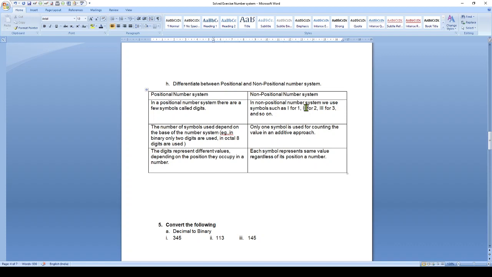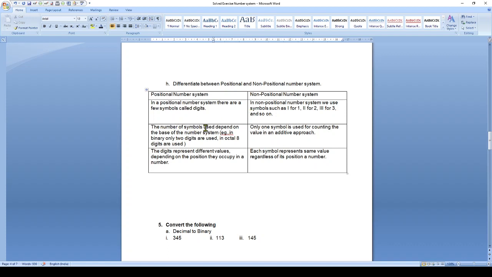Each of the sticks has the same value in the number irrespective of their position. There is no other value for different sticks. All represent the value of 1. So an additive approach is used to count the value in a non-positional number system.